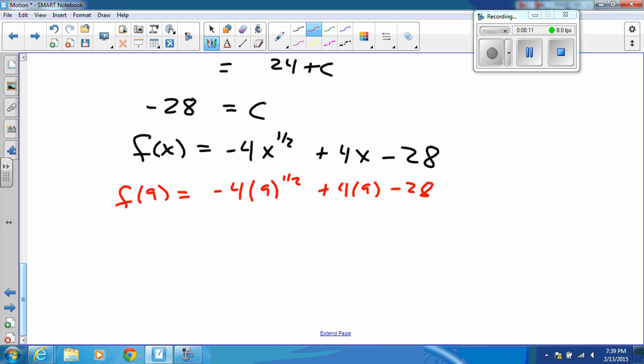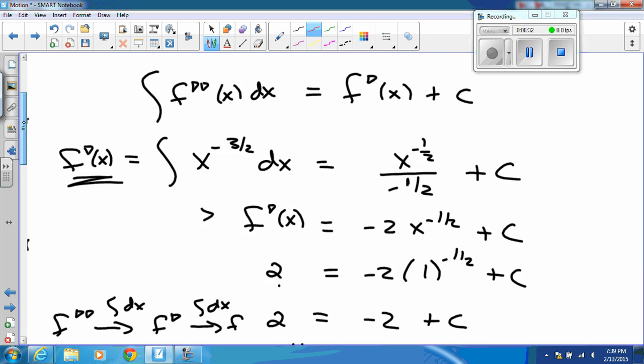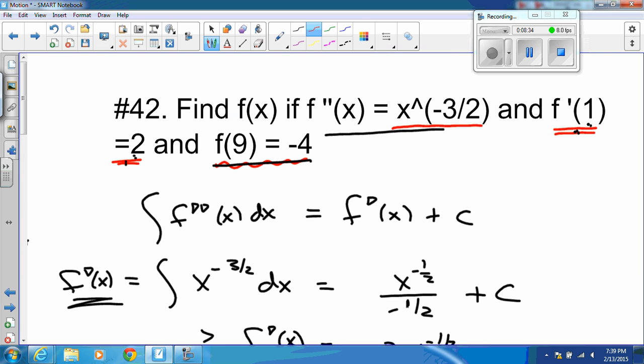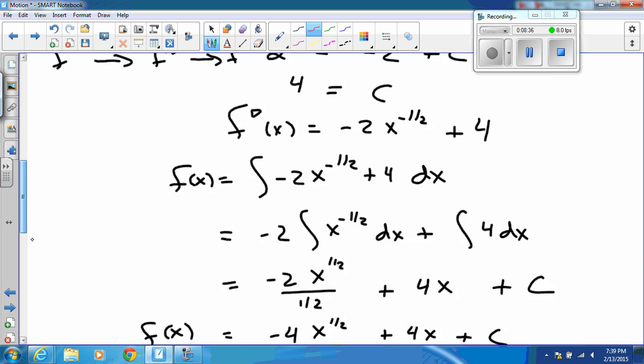It's going to be negative 4 times 9 to the 1/2 plus 4 times 9 minus 28. And that's negative 4 times 3 plus 36 minus 28, or negative 12 plus 8, which is negative 4. Hey, that checks out.